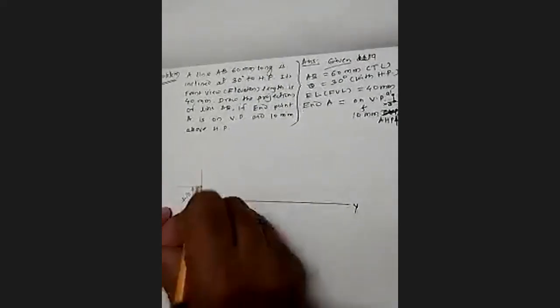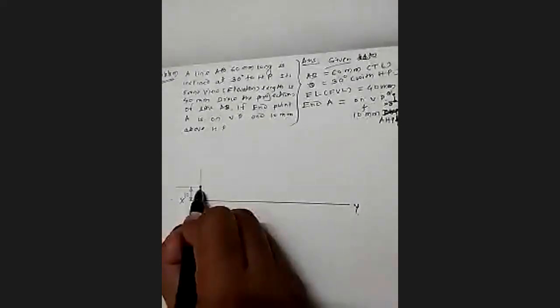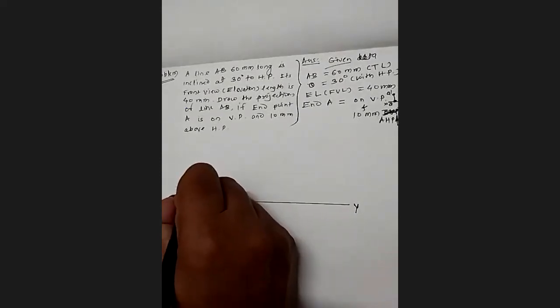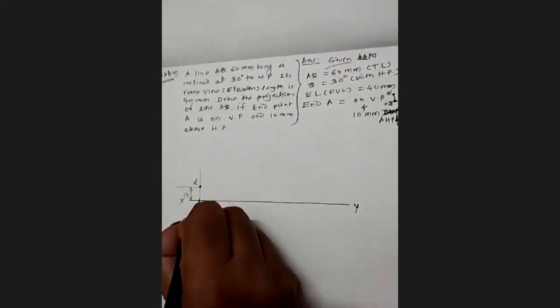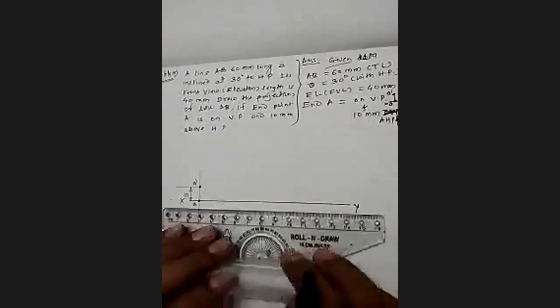Can you name these 2 points here? Which point will you get here? A dash. And this point, point A. Because I will explain it later with the help of rotating the camera. But I think most of you understood this.